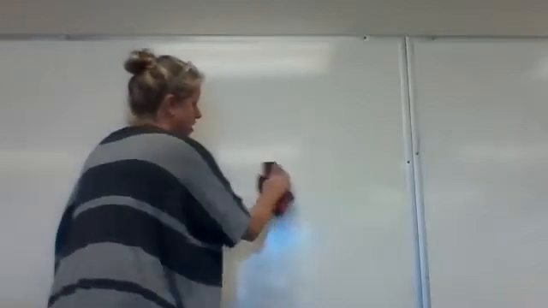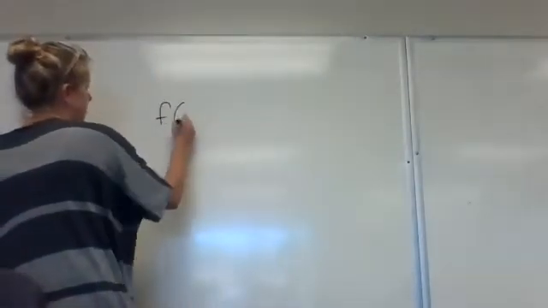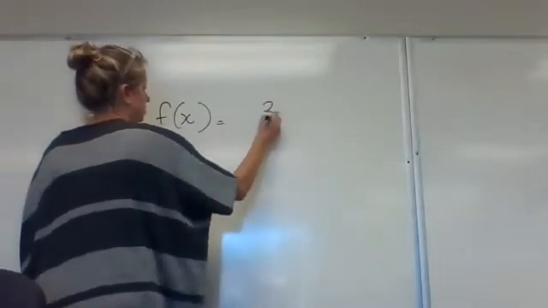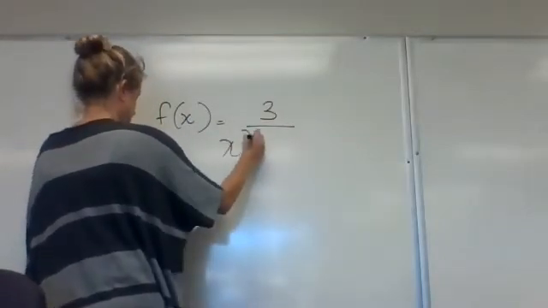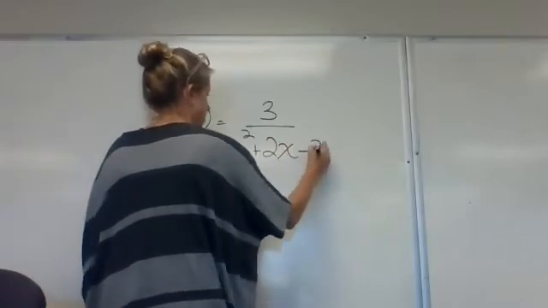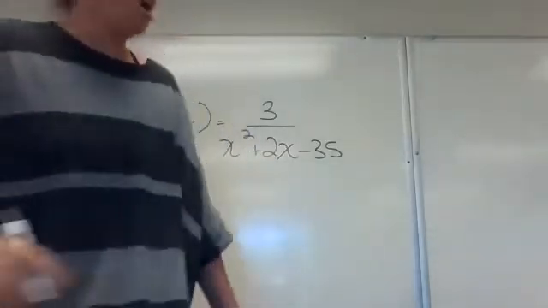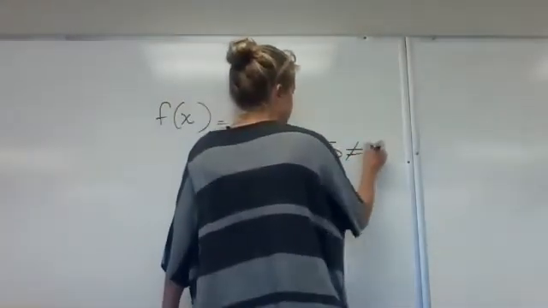Okay, so this one on number 2, the function is f of x equals 3 over x squared plus 2x minus 35. All right, so again, the denominator cannot equal 0.